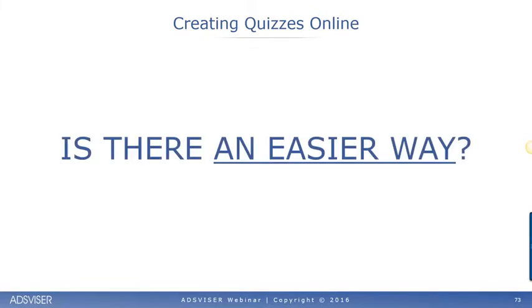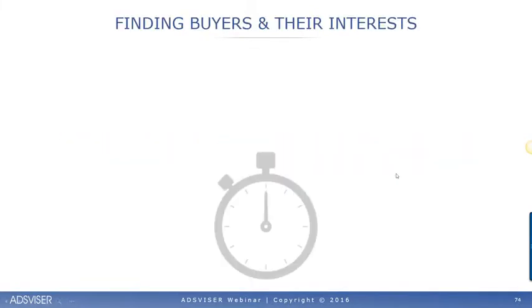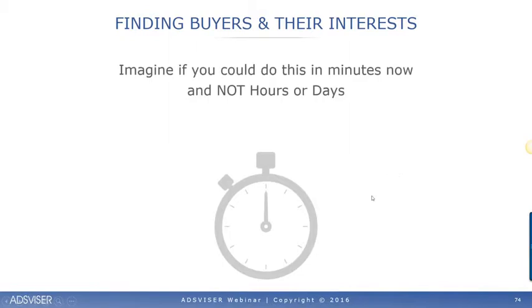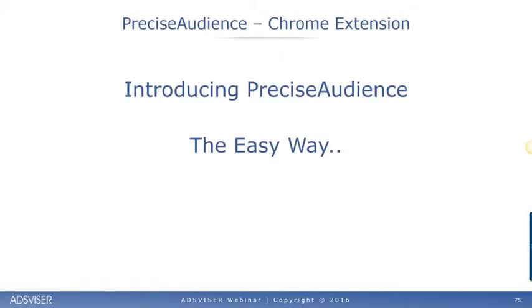So is there an easier way to find buyers and their interests? Imagine if you could do it in minutes, guys. I want to hear if people want to do it in minutes instead of days, because it's going to set you apart. So we want to do this in minutes and not hours or days, and I'll show you how in a second.